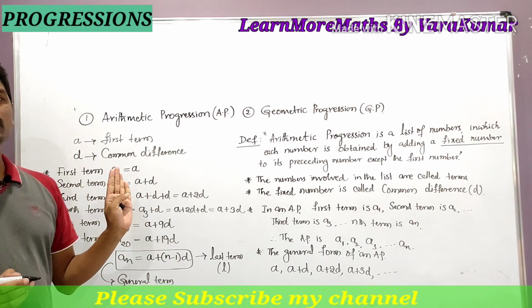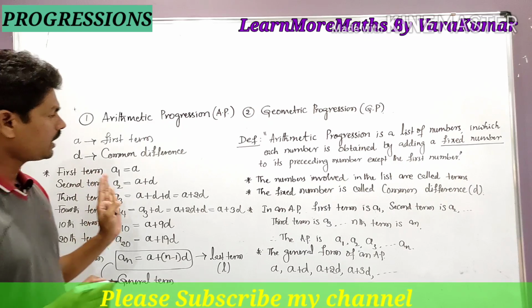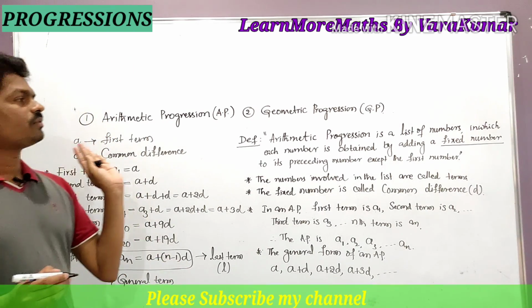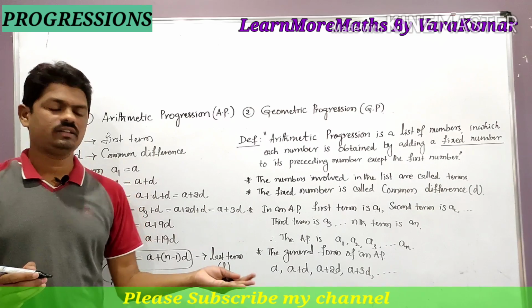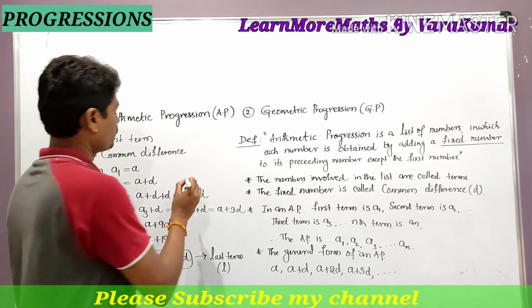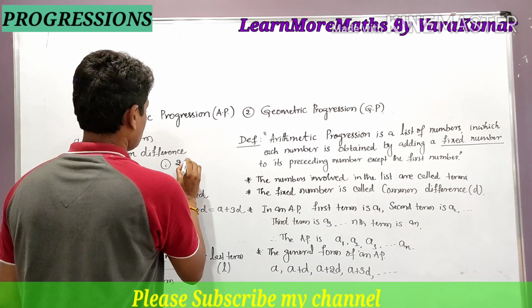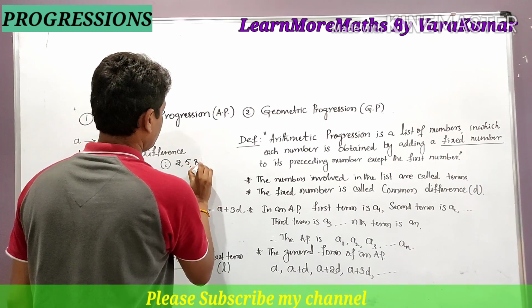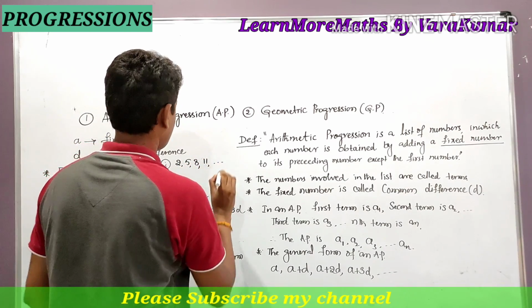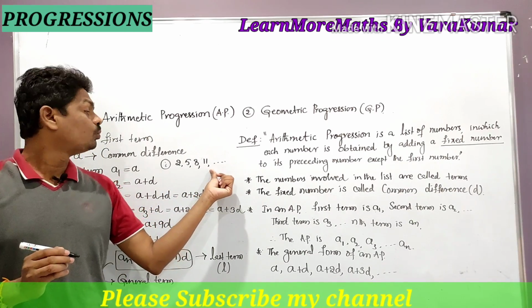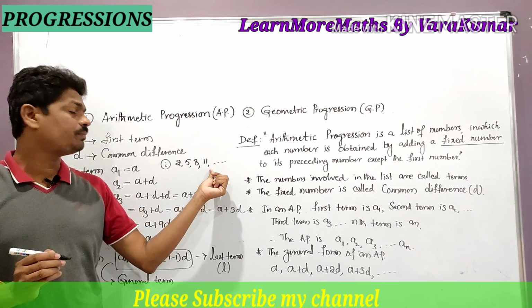In an arithmetic progression, there are two types of arithmetic progressions, finite and infinite. Suppose, see, student, there is a list of numbers, what I have written first: 2, 5, 8, 11, dash dash. It is a list of numbers. We have to check whether it is an AP or not.